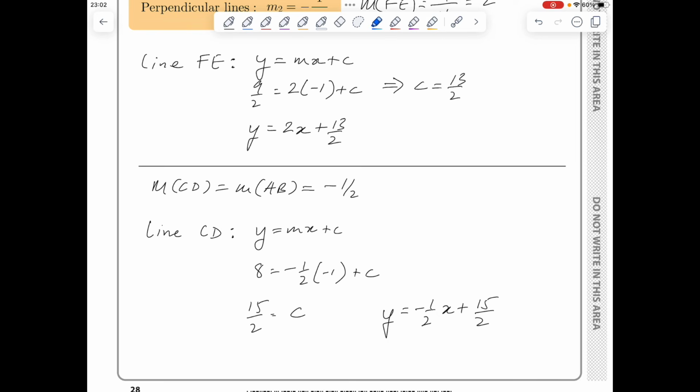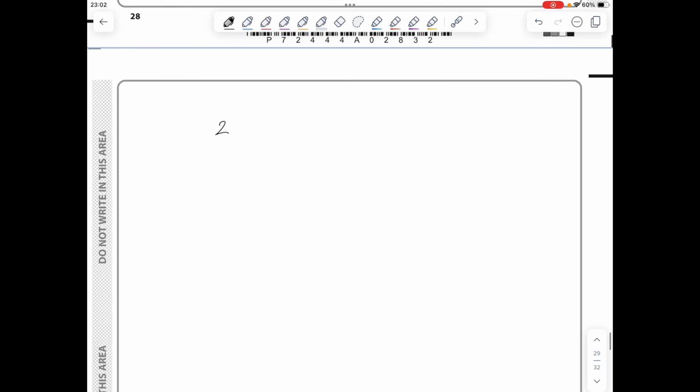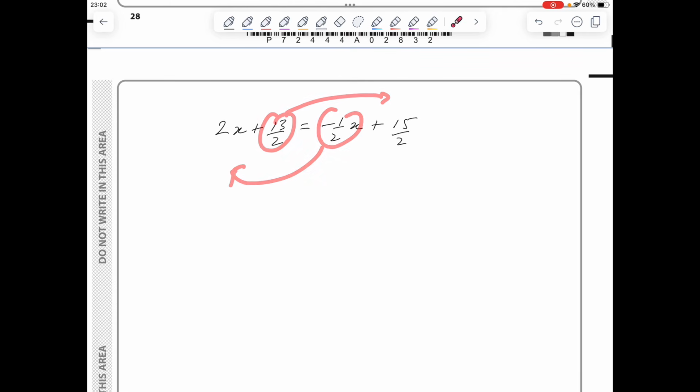So now I will solve simultaneously these two equations. So let's go on to the next page. 2x plus 13 over 2 equals minus a half x plus 15 over 2. I'll take this to the left and the 13 over 2 to the right.